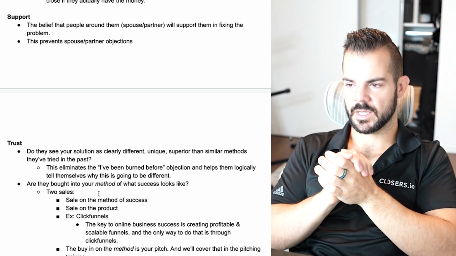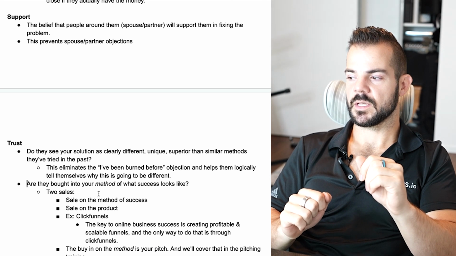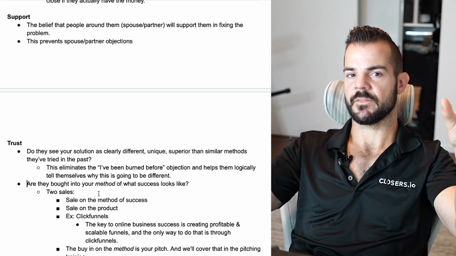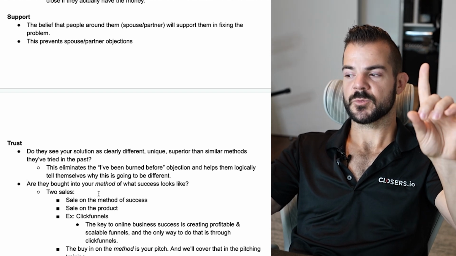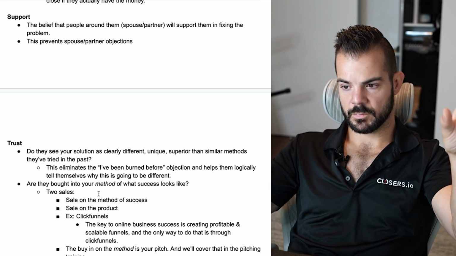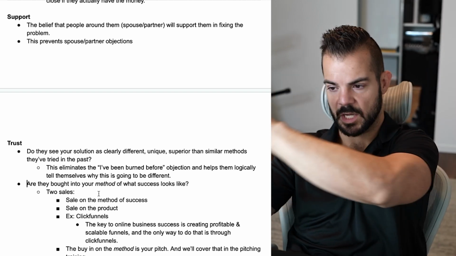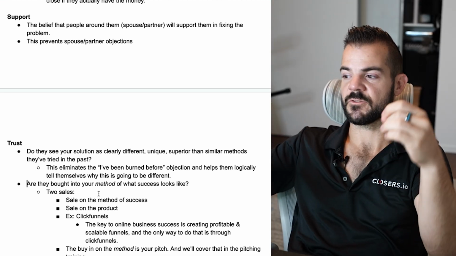It's essentially all about your method, right? So like remember, there's Hell Island and there's Heaven Island. Trust is your specific methodology of crossing Hell Island to Heaven Island, of closing the gap. It's your specific methodology, right?